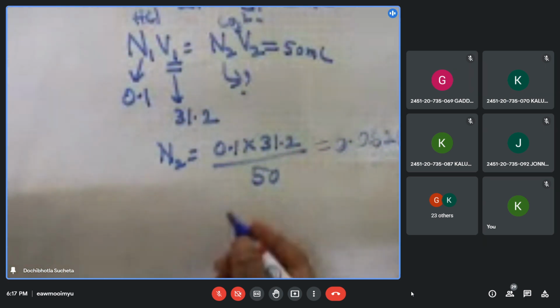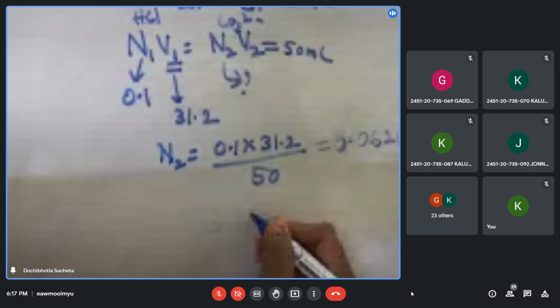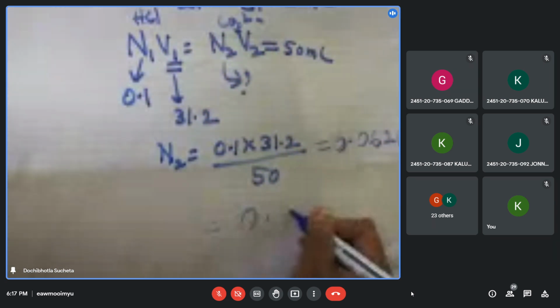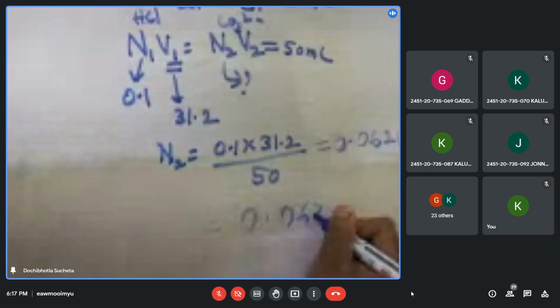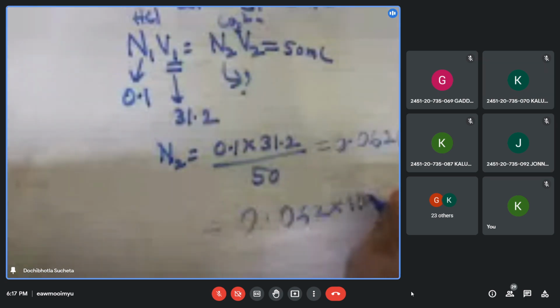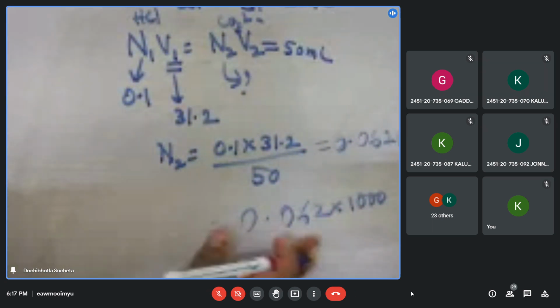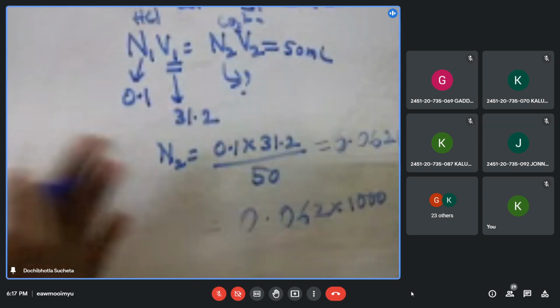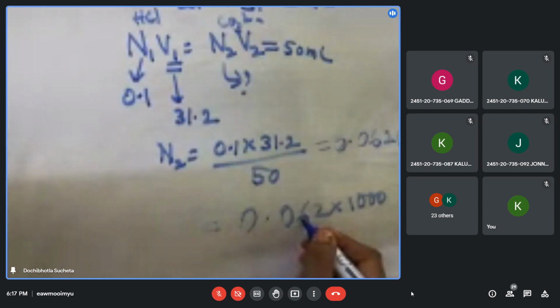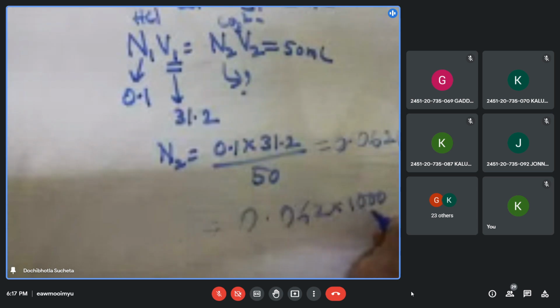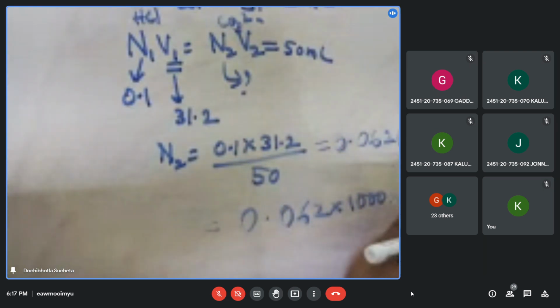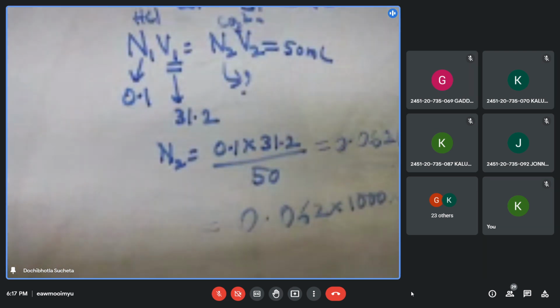If I have to convert that into milligrams, it will be 0.062 into 1000. Why? Because the hardness of water is expressed in milligrams calcium carbonate equivalents. So I have converted grams into milligrams by multiplying it with 1000. Then into 50. Why 50? Because it is the equivalent weight of calcium carbonate.